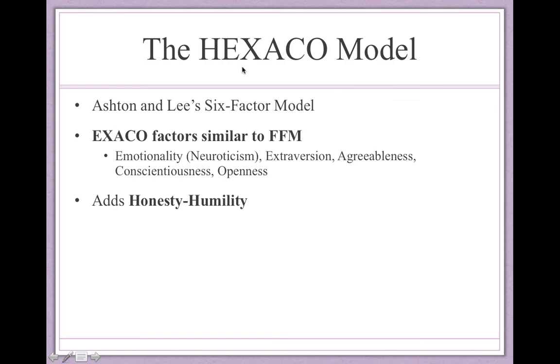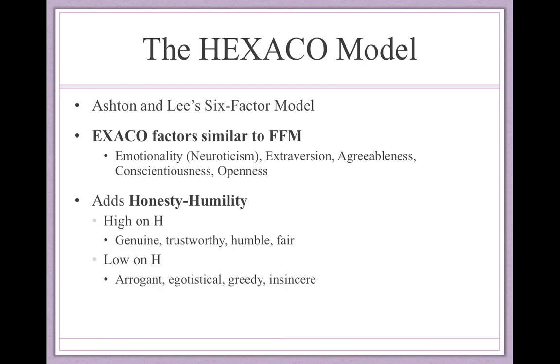They said there is one more factor that the 5-factor model isn't getting at, and that's honesty and humility. So they needed to add that. So if you're high on H, you're more genuine and trustworthy, and humble and fair. But if you're low on it, you're arrogant and egotistical and greedy and insincere.